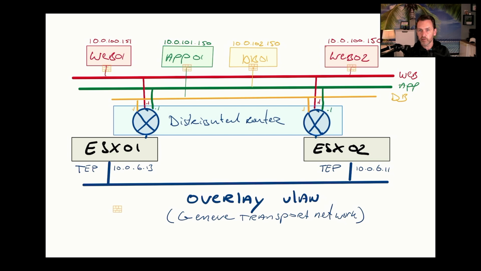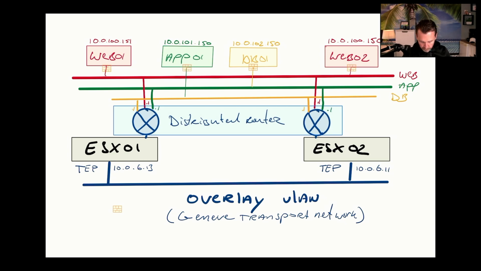So you need software like vRealize Network Insight, for example, which I won't cover in this video, that will allow you to make an assessment and an inventory of all the network traffic and all the flows going on in your data center. But again, that's a bit of an advanced topic.